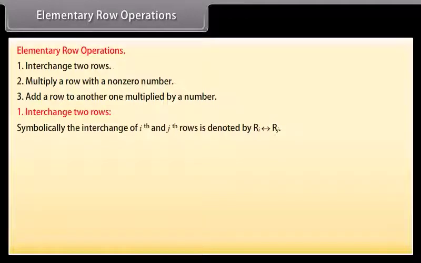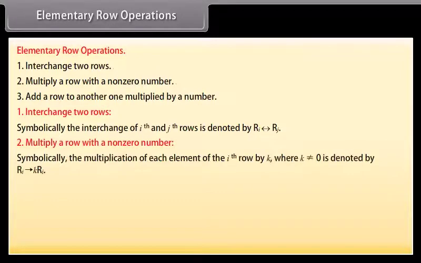Symbolically, the interchange of ith and jth rows is denoted as given below. Multiply a row with a non-zero number. Symbolically, the multiplication of each element of ith row by k, where k is not equal to 0, is denoted as given below.